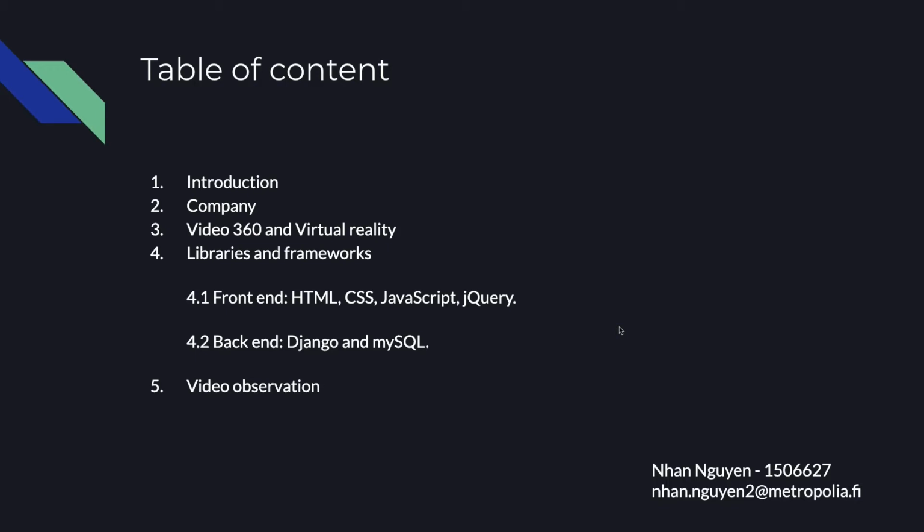In chapter 3, Video 360 is significantly focused, including 360 cameras and a comparison between Video 360 and virtual reality. In chapter 4, tools and frameworks applied for the development process are discussed. Last but not least, video observation will be demonstrated in more detail in chapter 5.